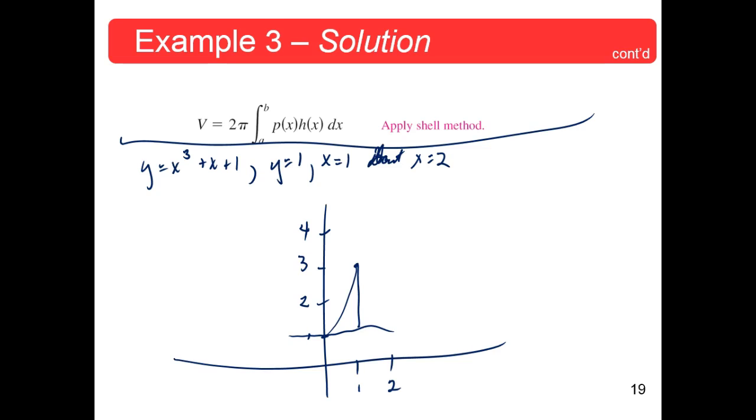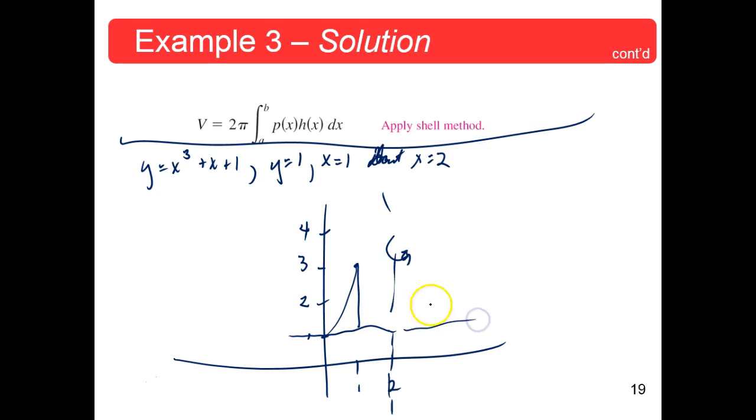Now, revolved around the axis x equal 2. That's where we're going with it. Okay? Not the x-axis. So this is either going to be a washer or a shell. Which would you like to use? So around the line x equal 2, that's that line here.